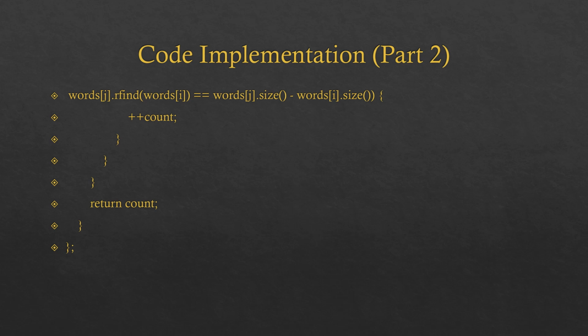Notice how we use find to check if a word is a prefix and rfind to check if it's a suffix. If both checks are true, we increment our counter. Finally, we return the counter, which gives us the number of valid pairs.